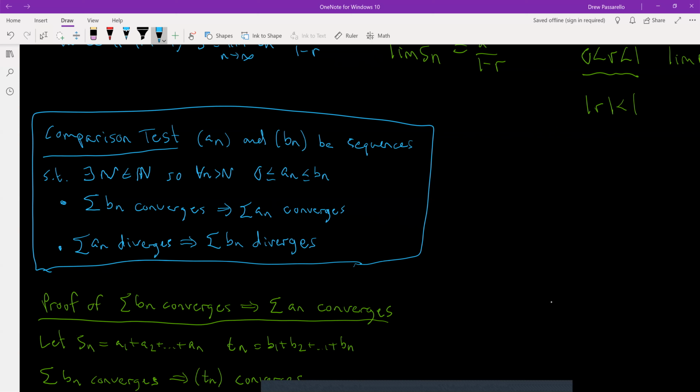So once I get past that cutoff point, bn is bigger than an. So if the series of bn converges, then the series of an converges. Since an is less than bn, if the series of an diverges, then the series of bn diverges.